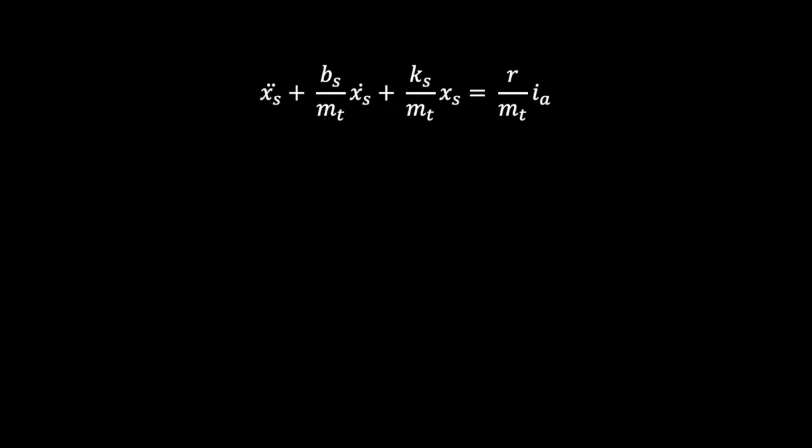Once we have this second order differential equation derived and written nice and concisely, we can now use this equation to show what the damping coefficient of the system is, as well as the system's natural frequency. So the damping coefficient, or the damping ratio, is represented by the coefficient attached to the x dot term, which is Bs over mt, the damping constant divided by the mass of the table.